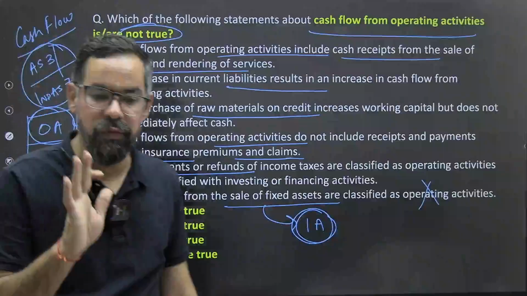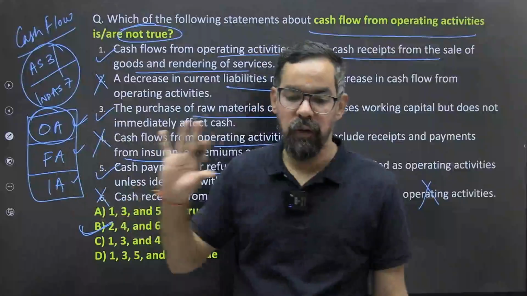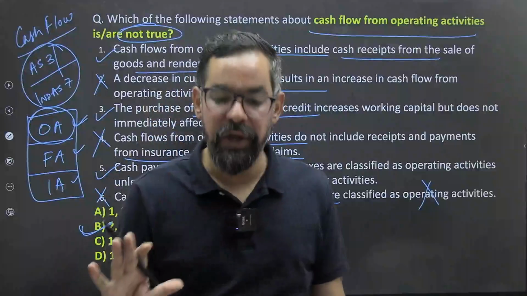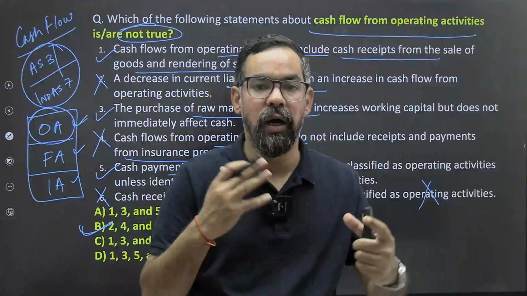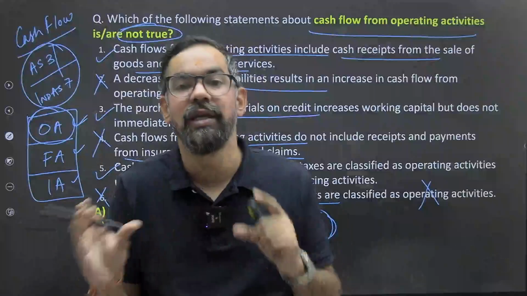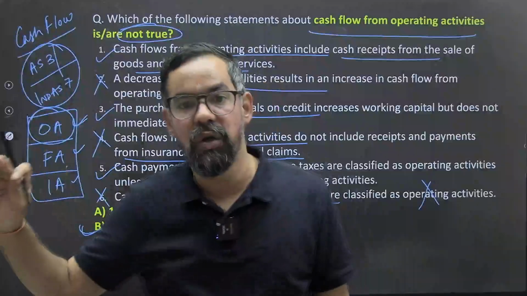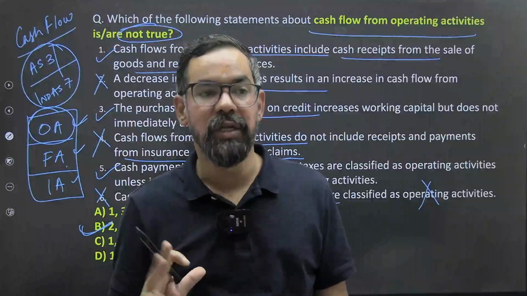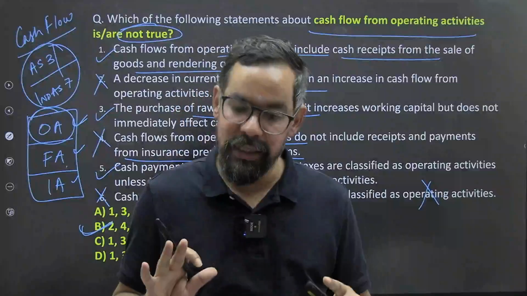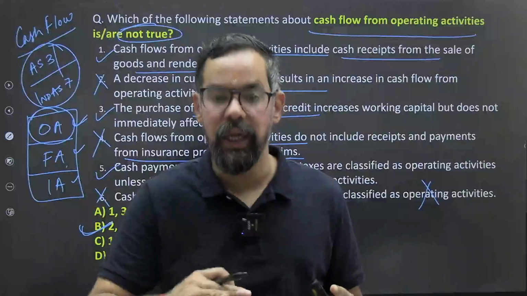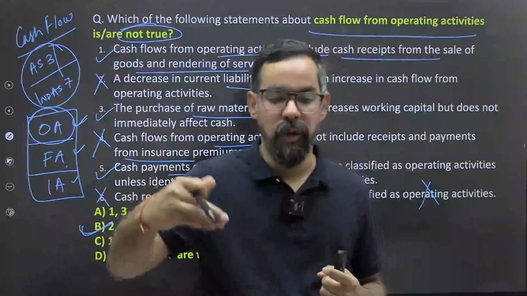When it comes to cash flow statement, you have to work around the identification. Operating activities are core revenue generating activities, related to sales and purchases, which generally affect current liabilities and current assets. Financing activities make an impact on the liability and equity of the business, like issuance of shares, which increases your equity and is an inflow from financing activity. Buyback of shares decreases your equity, an outflow from financing activity. If we take a loan from a bank, it is an inflow from financing activity.